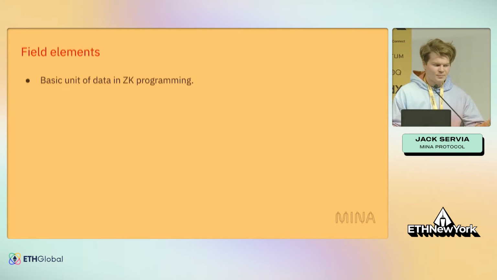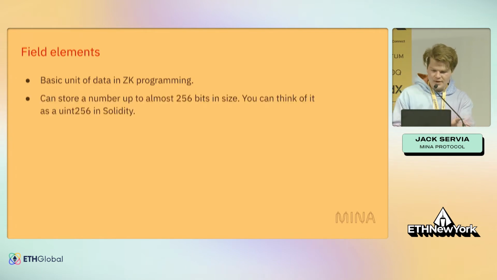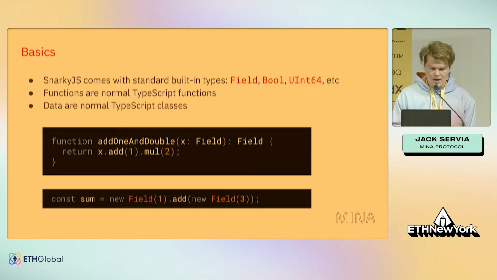So it's basically an unsigned integer with some added caveats, which are that you can overflow and division works a little bit differently. But we have to use this data type because it's what makes the zero-knowledge proof possible. Yeah, so we went through this. It's the field type in SnarkyJS.